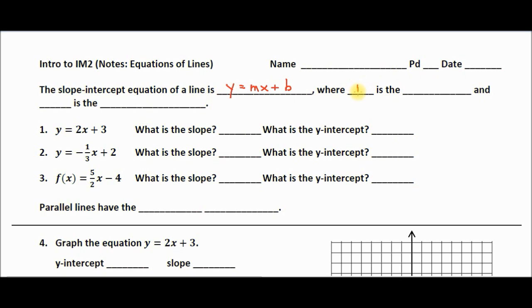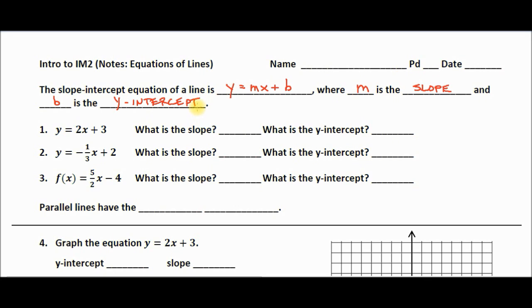M represents the slope of the line, and B is the Y-intercept, which is basically the place where this line crosses the y-axis. Think of intercept like an interception in football.